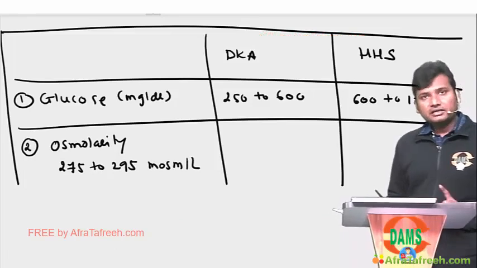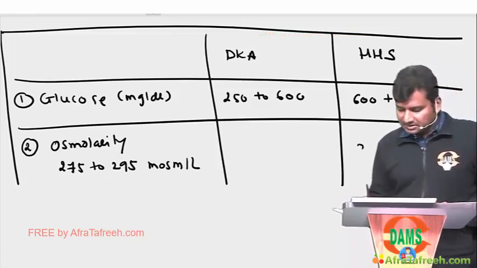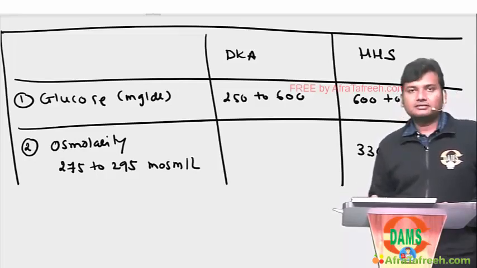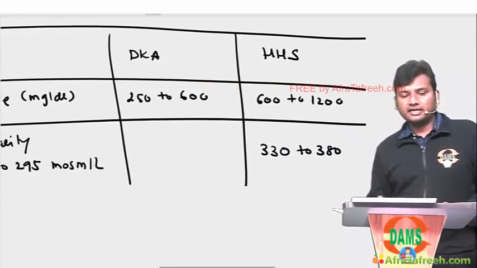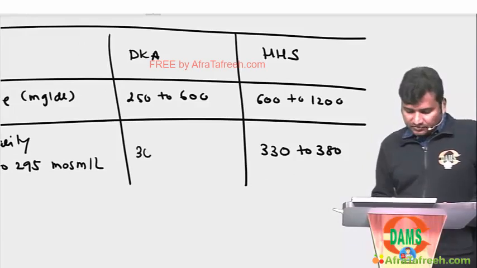It will increase in both, but it is much more in HHS. It is more than 330 and less than 380, 330 to 380, while in diabetic ketoacidosis it is between 300 to 320.